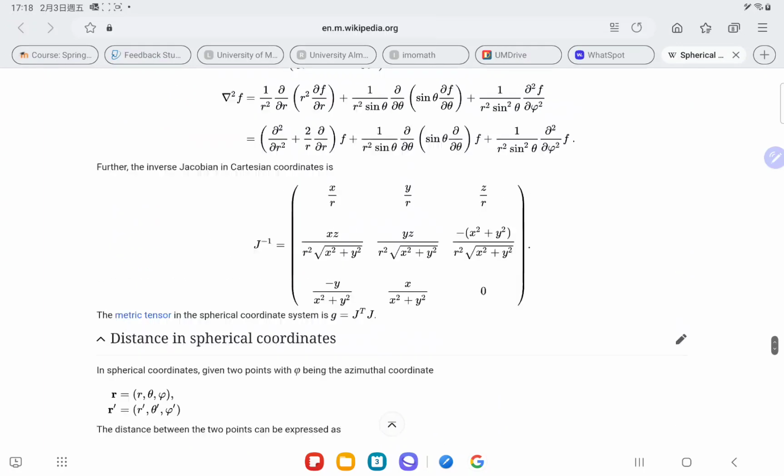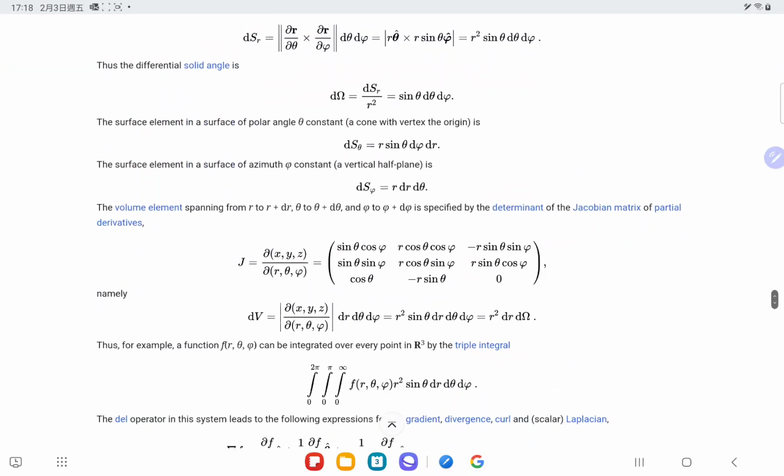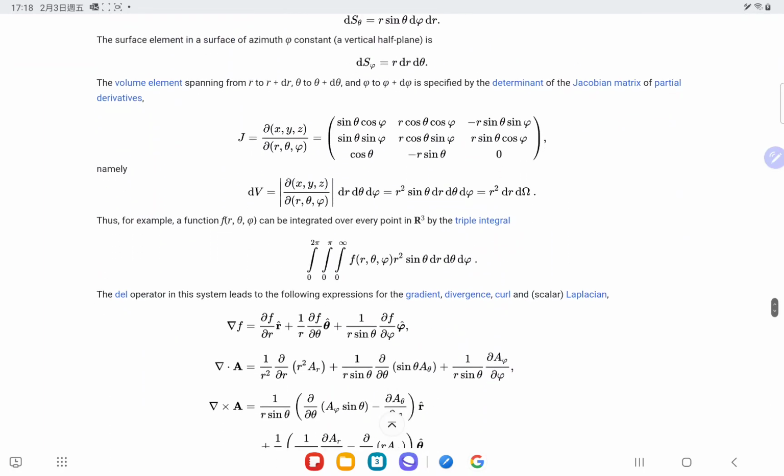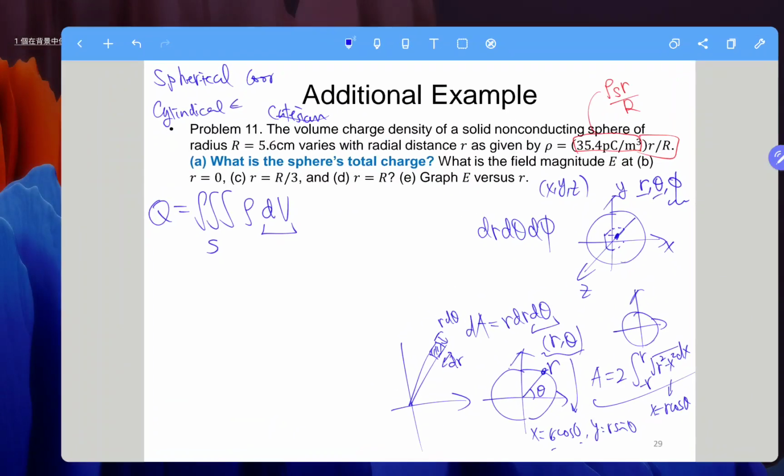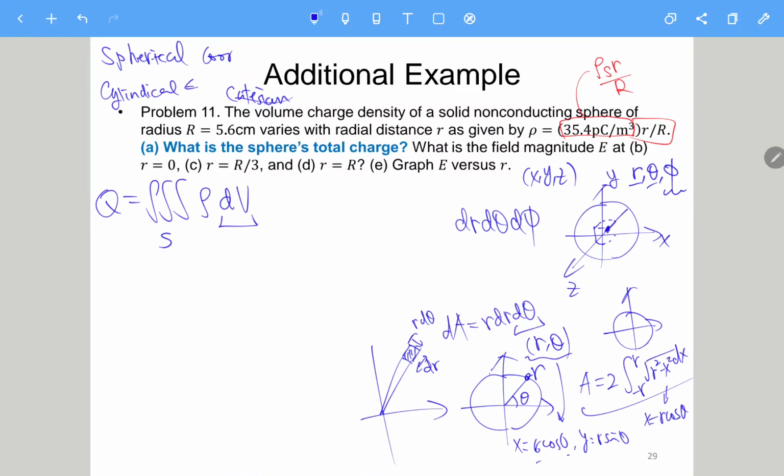Here we can see we have r squared sine of theta dr d theta d phi. So this will be the dV. Don't need to worry too much about this. I will not ask it in the exam. I just wanted to let you know a bit about that.